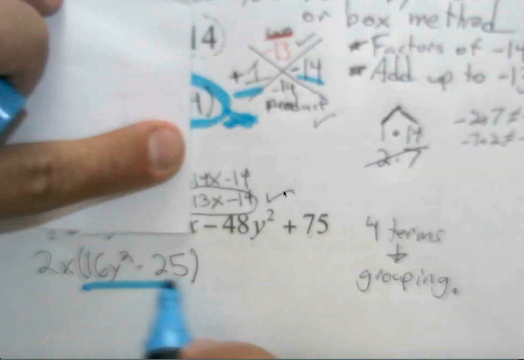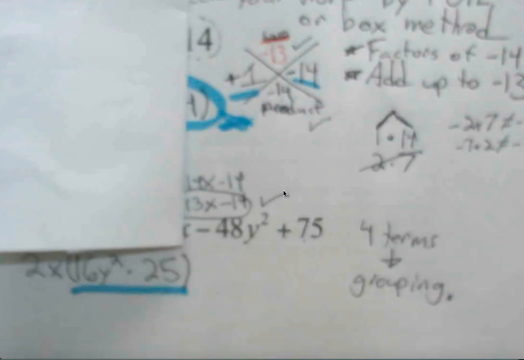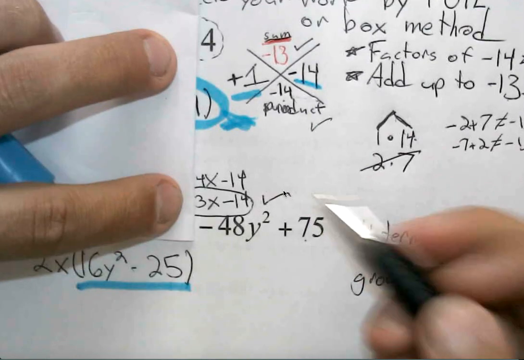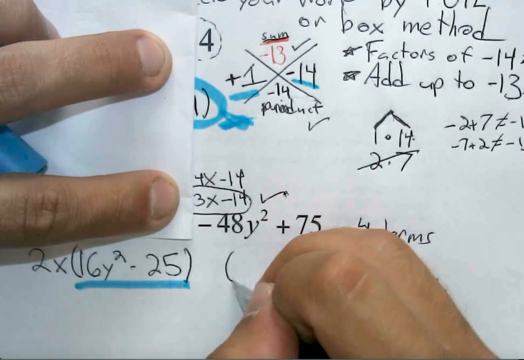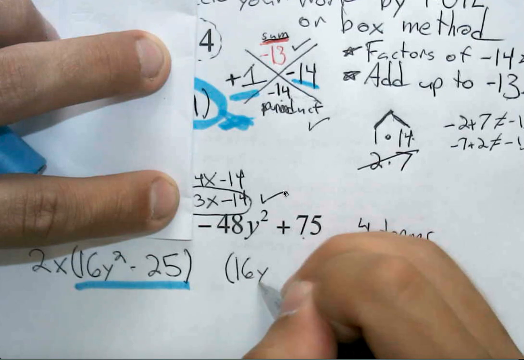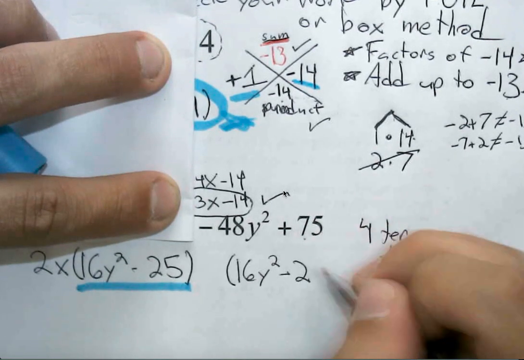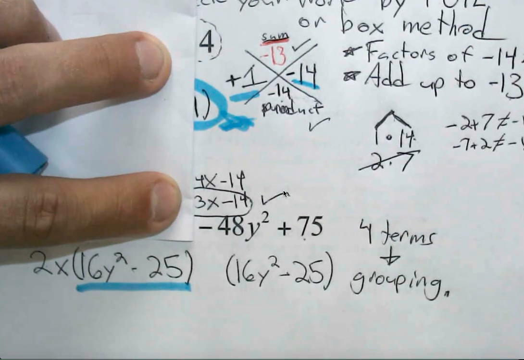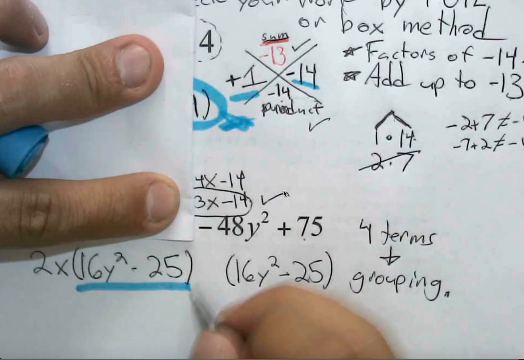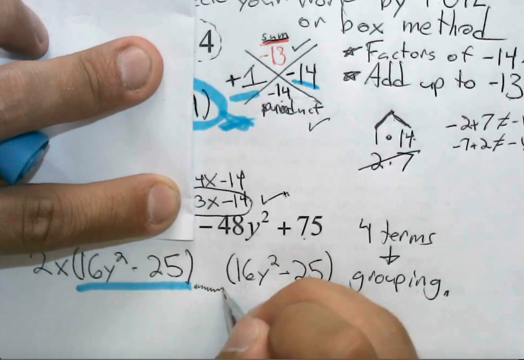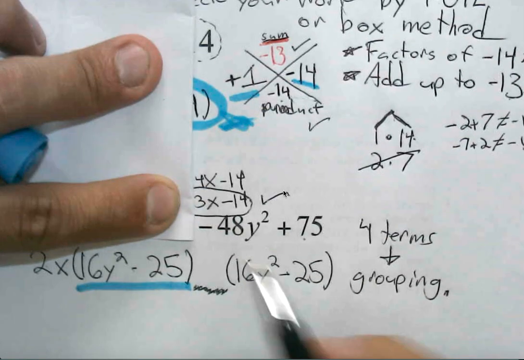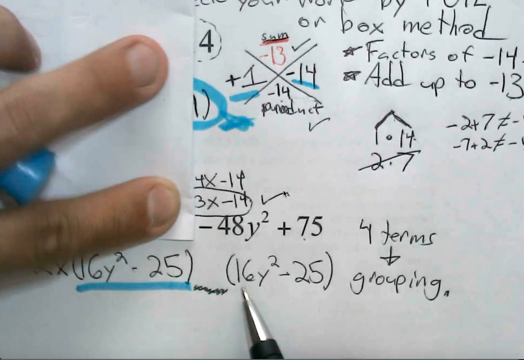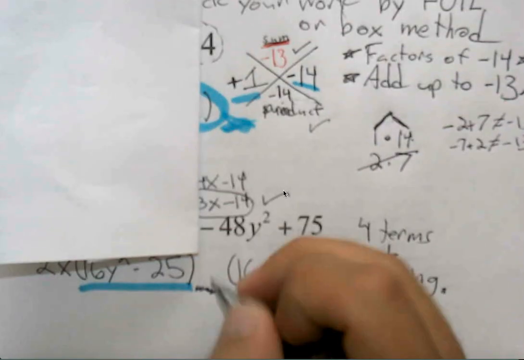So I'm pretty confident this is going to work. When you're really good at this, you can just jump ahead and say, well, I know that 16y squared minus 25 is going to have to appear over here. But now you have to think about what's the greatest common factor? You could also just think about negative 48y squared dividing by 16y squared, which would definitely be negative 3.